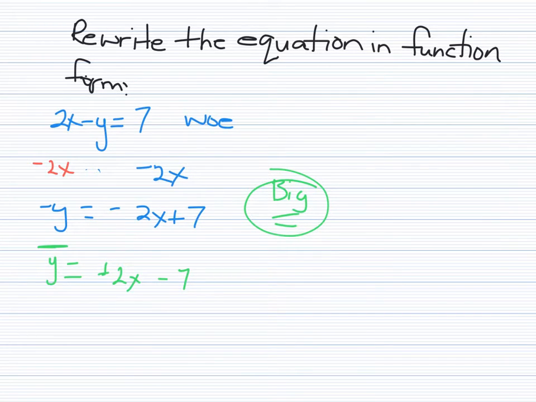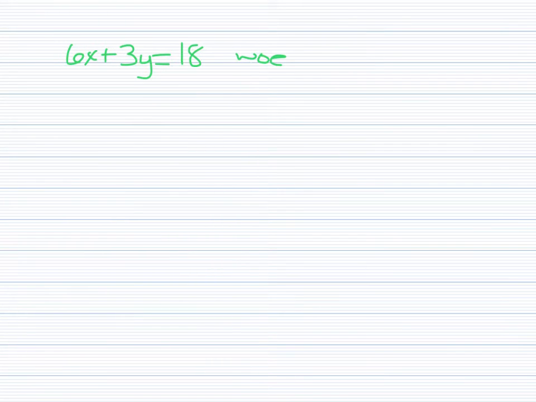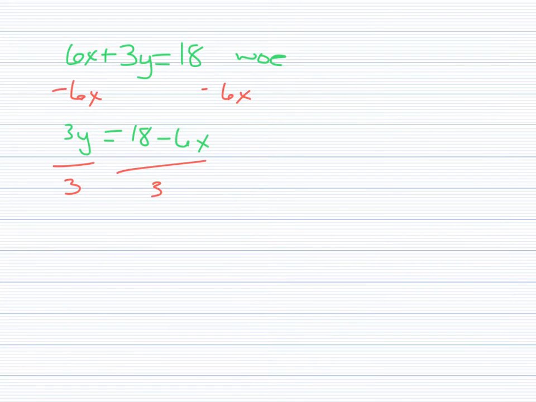Everything becomes its opposite. In this equation, I have 6x plus 3y equals 18. Again, I want to get my y on the side by itself. So I'm going to subtract 6x from both sides. That will give me 3y equals 18 minus 6x. Now I have to get rid of the 3 here, so I will divide both sides by 3.